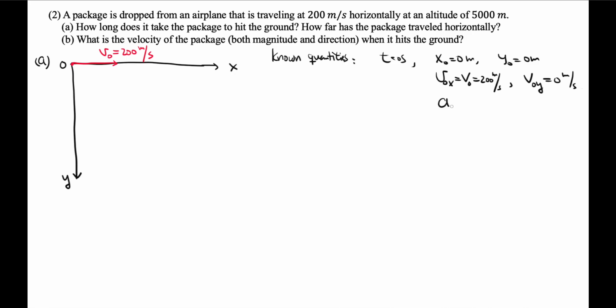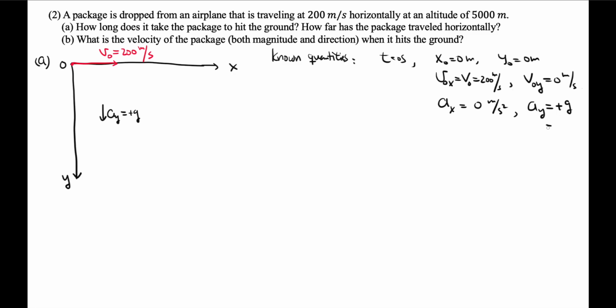The ax is 0. That's no horizontal acceleration, but in the y direction, we do have the gravity, right? Gravitational acceleration, positive g. The reason it's positive is because it's in the same direction. That's ay equals positive g, same direction as the y-axis.